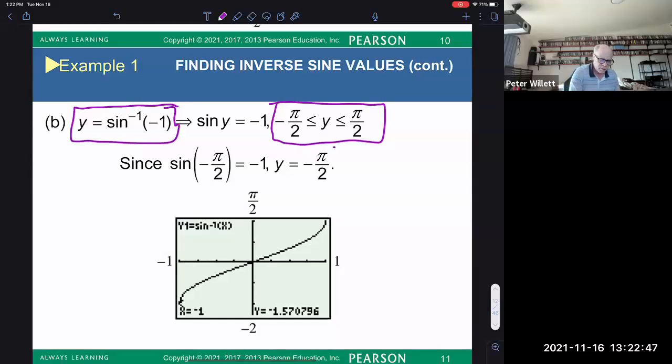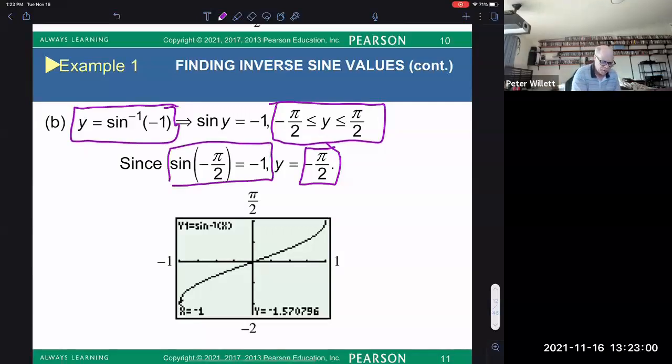The extreme leftmost value would be the one where you get a -1. And so the angle we're looking for is negative π/2. And that's because sine of negative π/2 gives me -1. Since that's the angle that gives me -1 and it's in the range that I need it to be in, that's the answer for the inverse sine function. So this is a lot to get used to, but this is how the sine function inverse is defined.